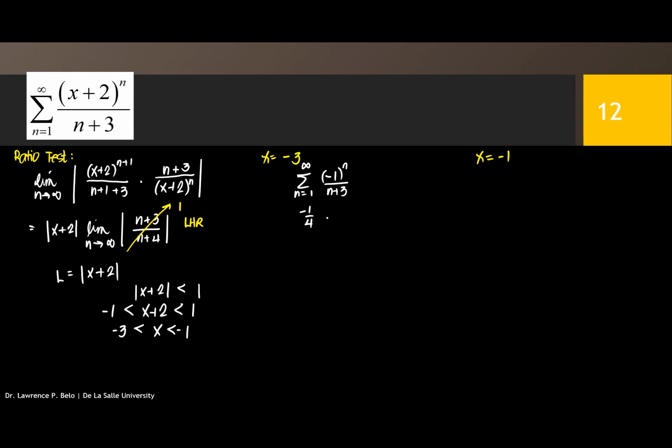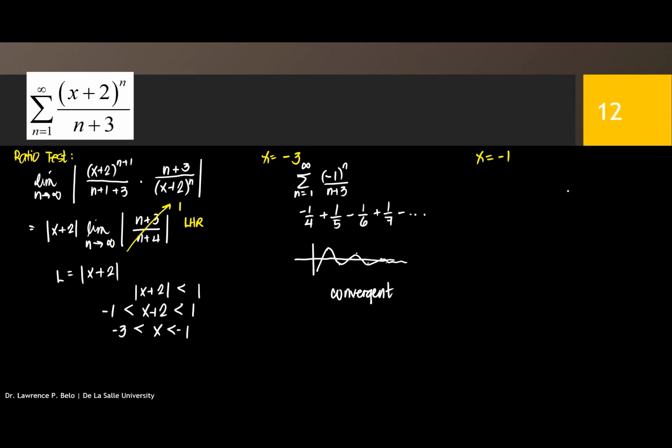When n is equal to 2, positive 1/5, negative 1/6, positive 1/7, negative, and so on and so forth. So if you're to graph this, it started with negative 1/4, 1/5, 1/6, 1/7, 1/8, 1/9. So I can see that the graph is convergent on the left side.